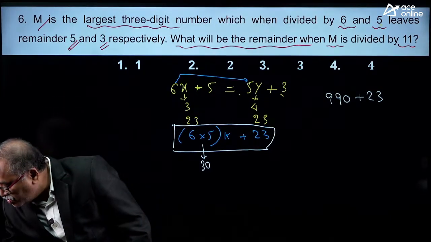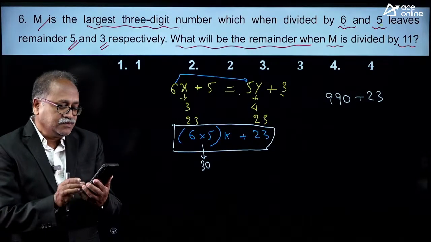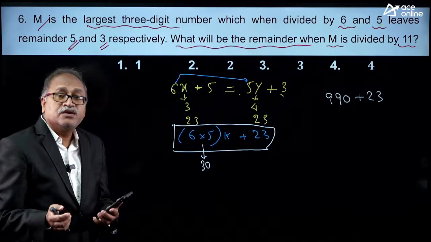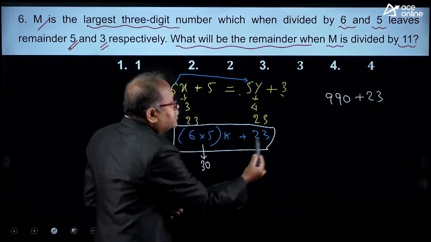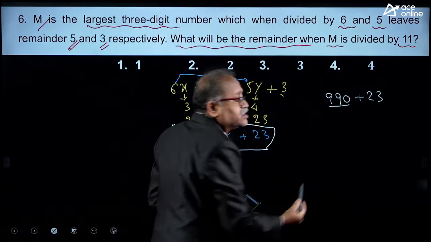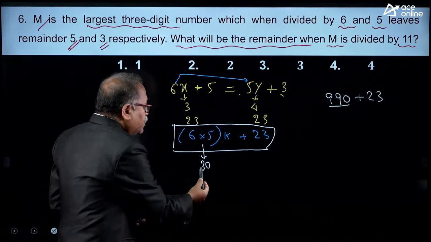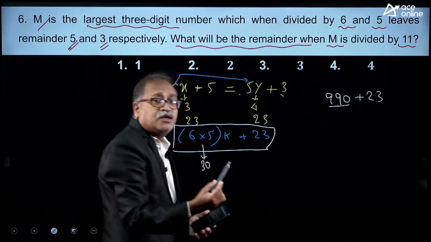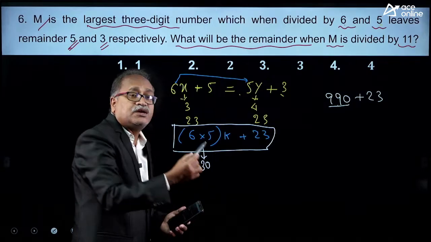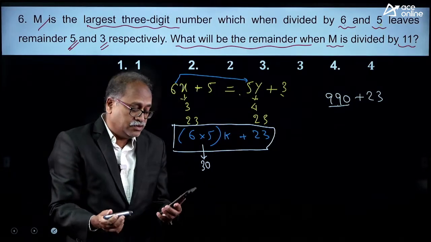Now, can anyone answer the question, my dear friends? Come on, try this. So 30k plus 23. If I take k as 33, then I get 990. But when I add this 23, it is exceeding 1000.